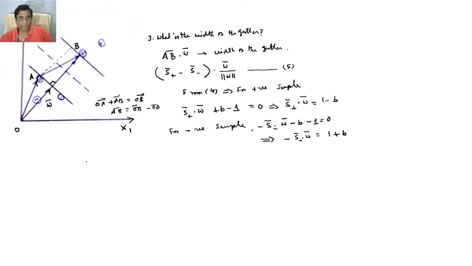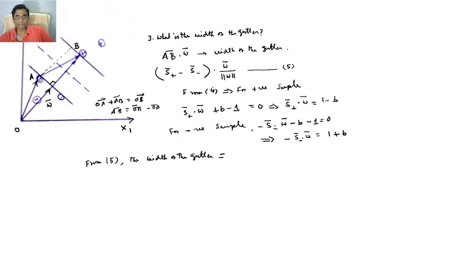So now from 5, this is algebra, nothing else. The width of the gutter equals how much? You tell me. Minus this, equals 1 plus b, plus this, equals 1 minus b.